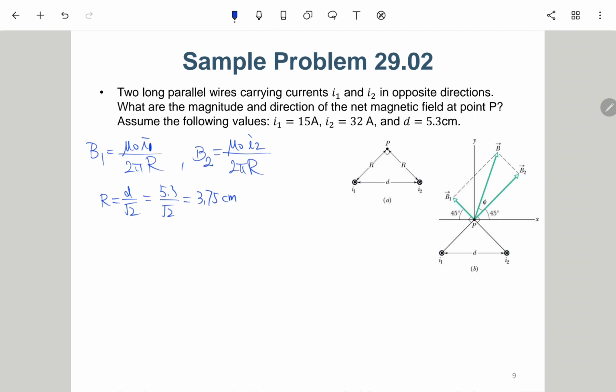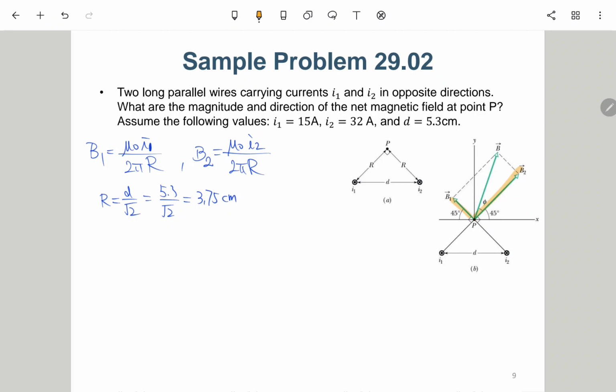Okay, so the total B. Here we have B1 pointing in this direction, B2 pointing in that direction. Maybe we can understand why B1 points in that direction. I1 is pointing out of the page.